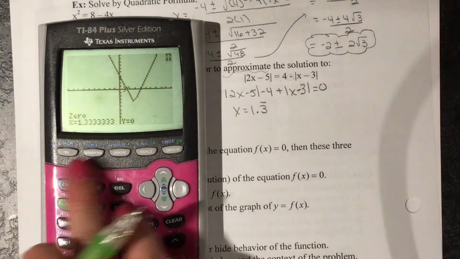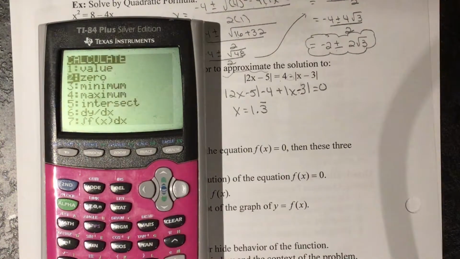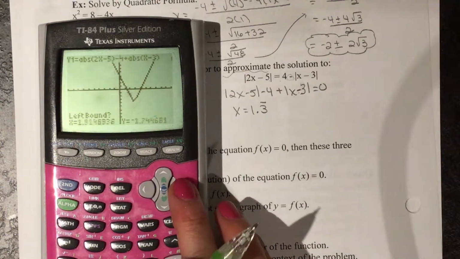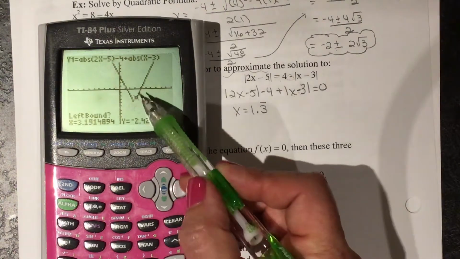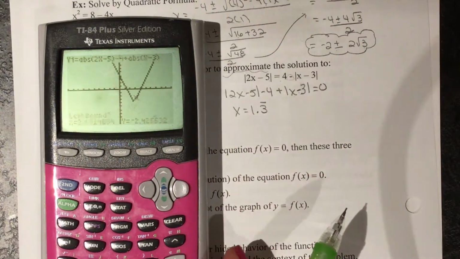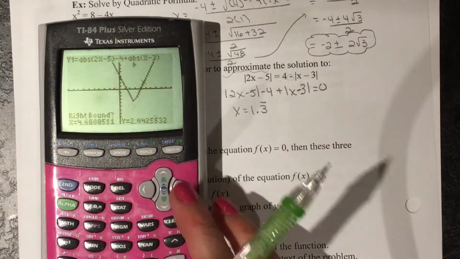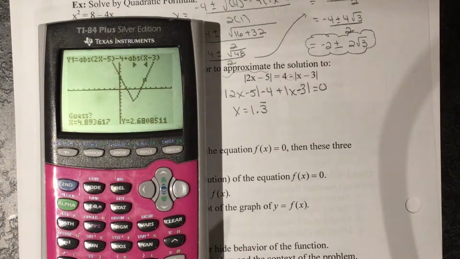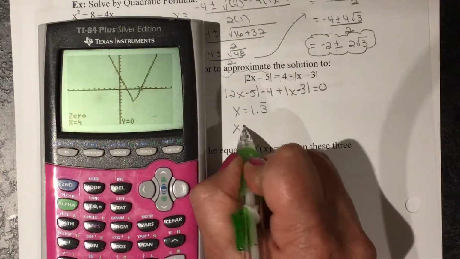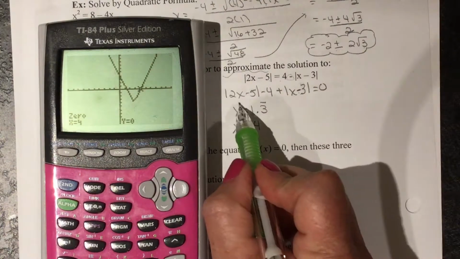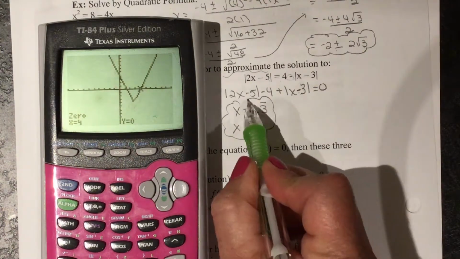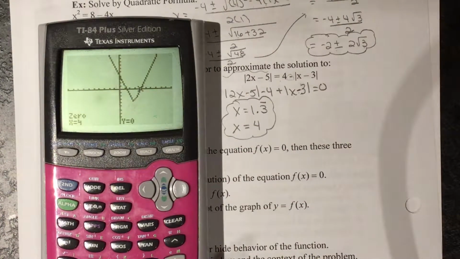Then I'm going to do the same thing, second trace to get to calculate, to the 0, left of the second 0, which is down below, hit enter, right, hit enter, and I see I have another 0 at x equals 4. Those are my two zeros for my absolute value graph.